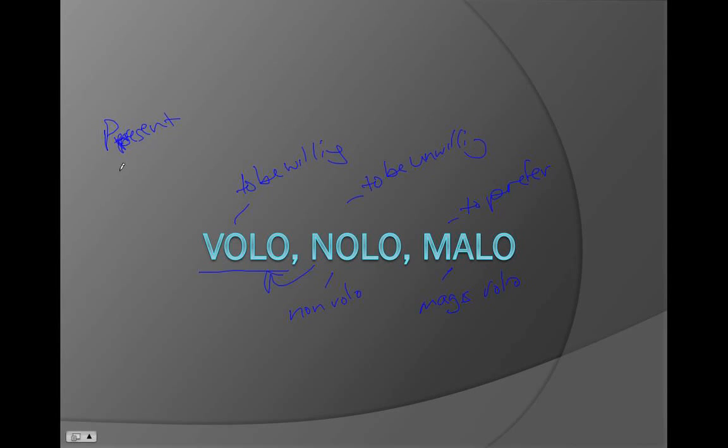Otherwise, they're completely regular. Just treat them like third conjugation verbs with the stems vol, nol, and mal, and it'll be perfectly fine. Third conjugation verbs, but in the present indicative and subjunctive, that's where they're weird.